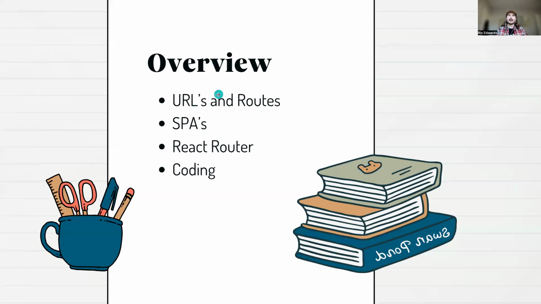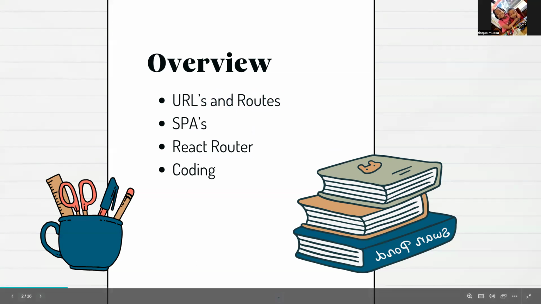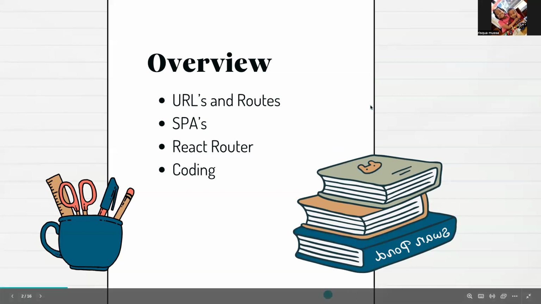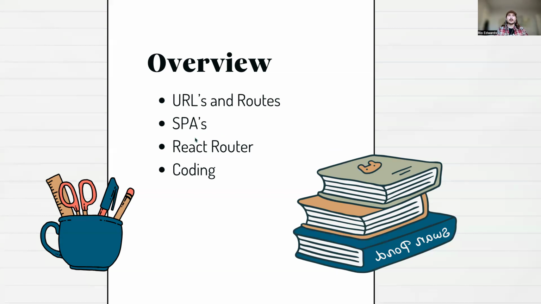So this is our agenda. We're going to talk about URLs and routes. And then we're going to talk about SPAs. And no, it's not a spa that you get your hair done.